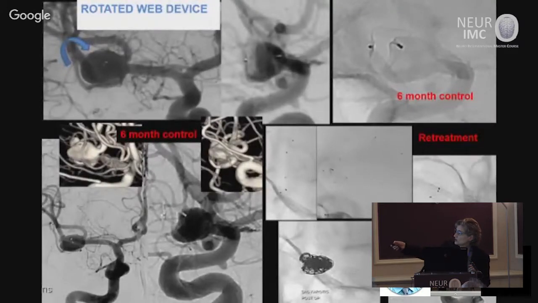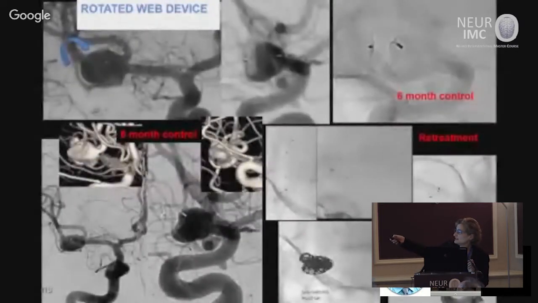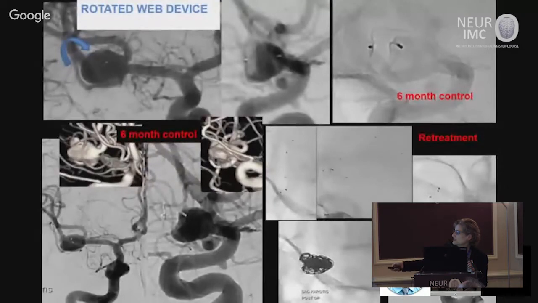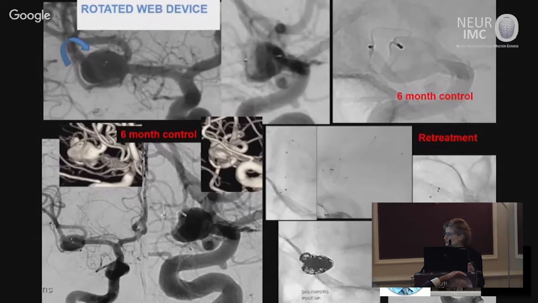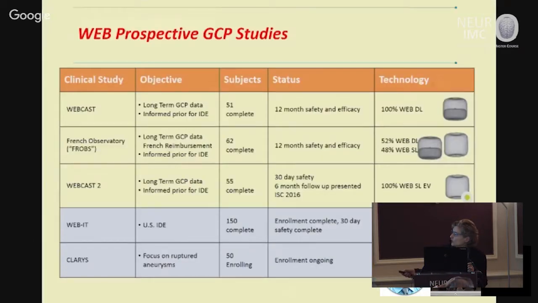There are some good clinical practice studies, and the combined results show 2% morbidity, no mortality, and occlusion results of around 80% adequate occlusion.